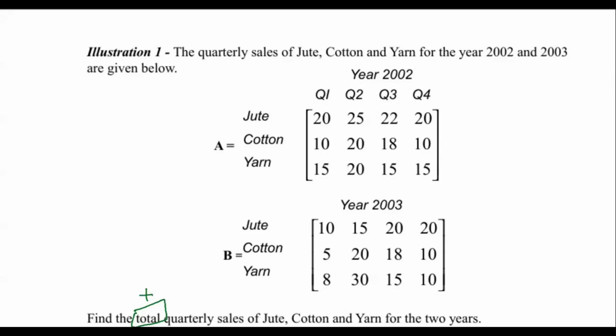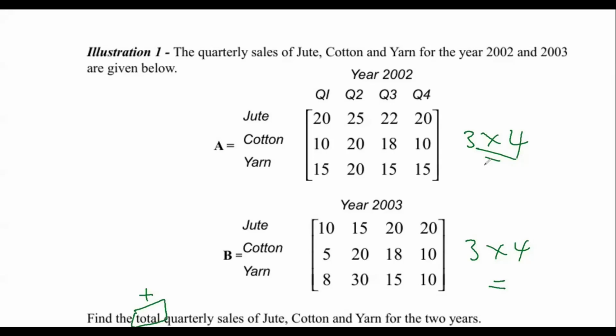So we just add the two matrices. The order of this matrix is 3 by 4, and the same here, 3 by 4. Because they're the same order, remember, you can now add them. The dimension, order, size, whatever terminology you want to use, the two are of the same order.